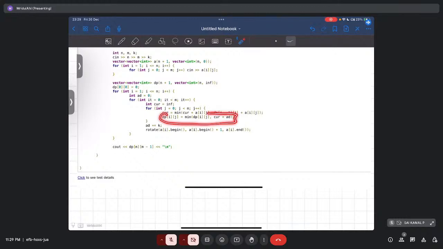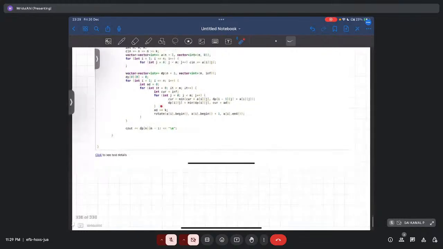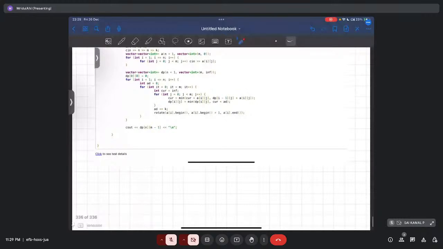And then I do dpij equals the min of this. Then for the next rotation I rotate the array a. Here the variable ad stores the cost for rotations for the current row.